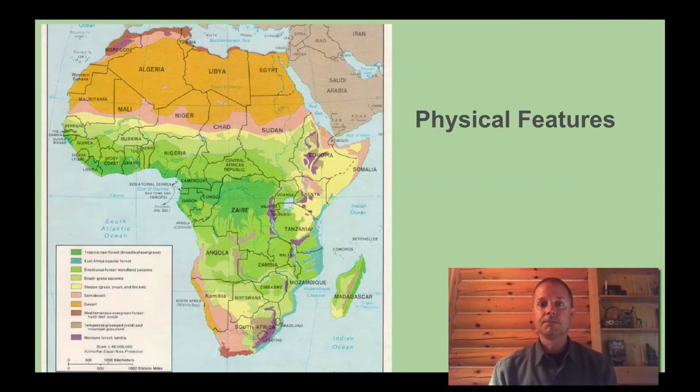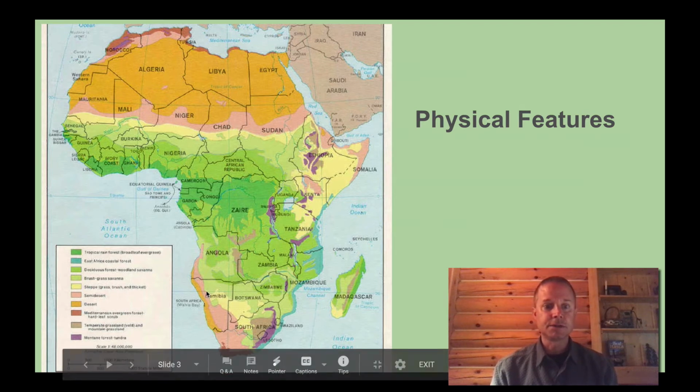All right, here we go. First of all, physical features of Africa. You can see in this map the vegetation zones. The darker the green, the denser the vegetation. The orangish color up here is a desert. There's also a desert down on the coast.